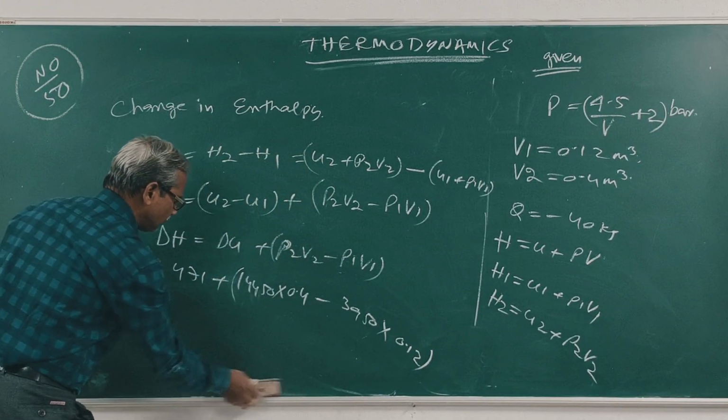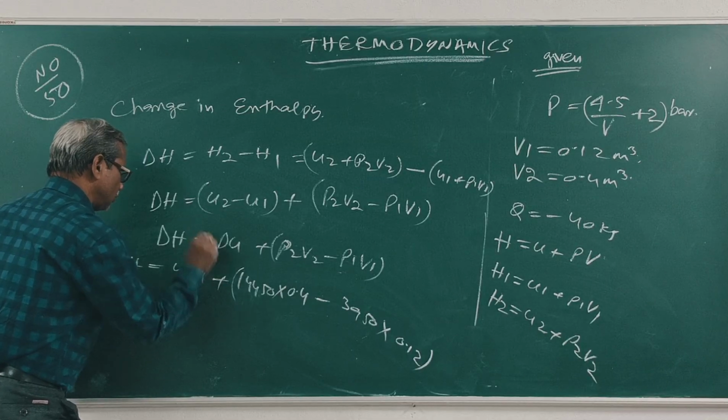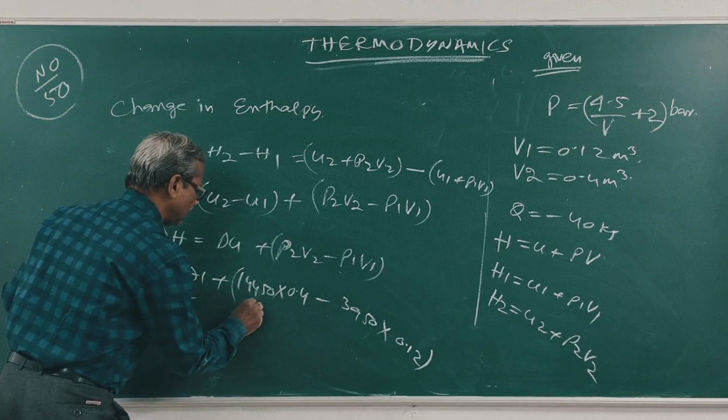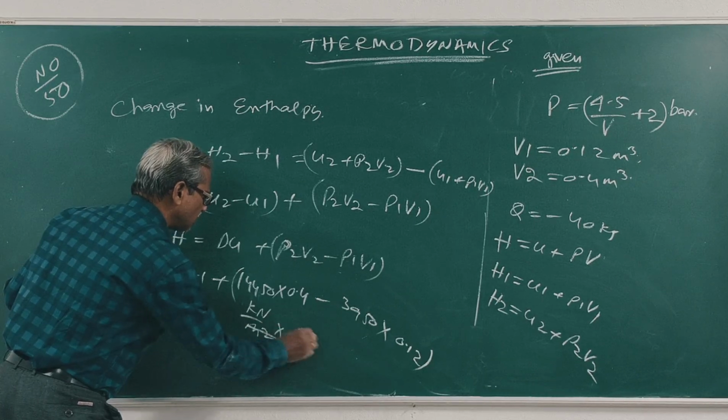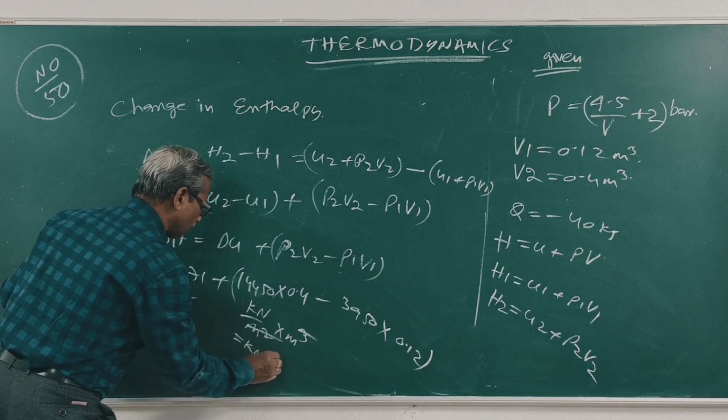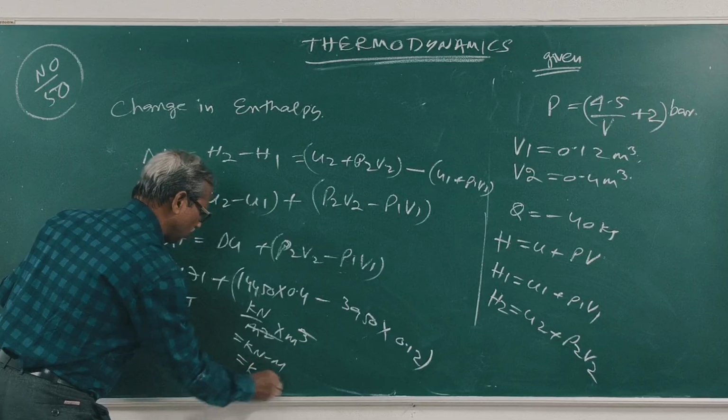Now this is kilojoule. This is kilonewton per meter square into meter cube, so meter square cancels. This is kilonewton meter, kilojoule. Right?